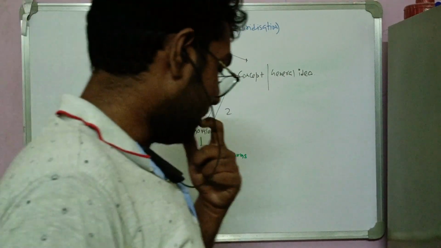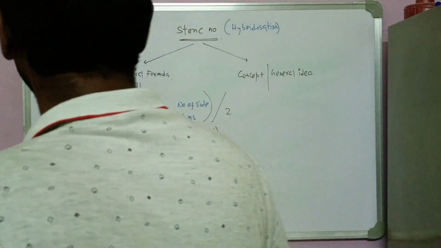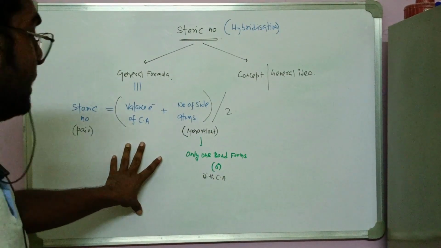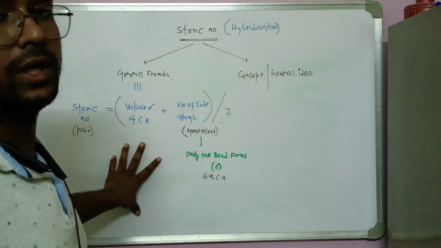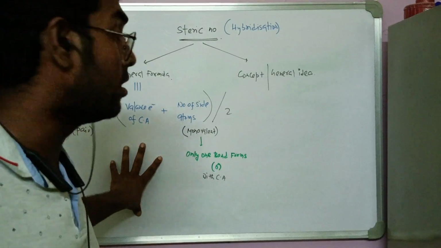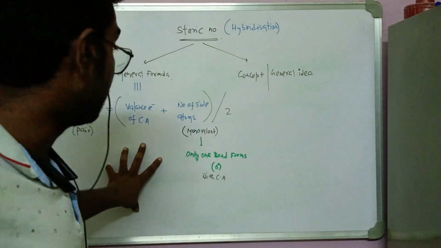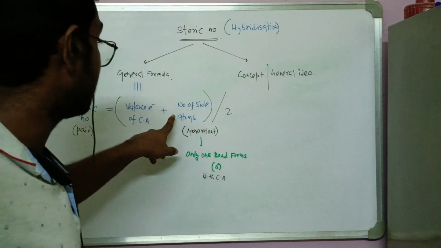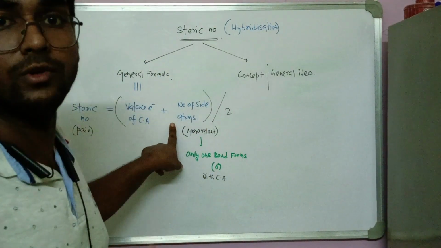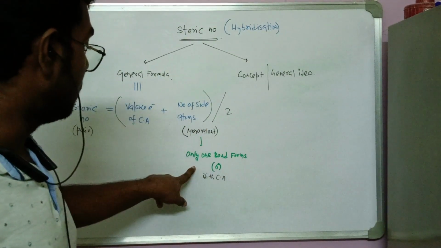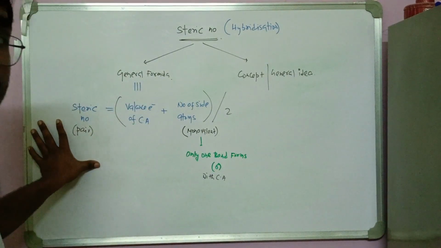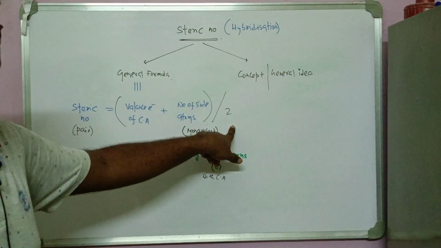Okay, so the steric number, I am repeating, the general formula is basically the valence electron of central atom, because we are always considering the hybridization of the central atom, plus the number of side atoms, but there is a condition that the side atoms have to form only one bond with the central atom. That means only one sigma bond, and we have to consider it as a pair, so divide by 2.